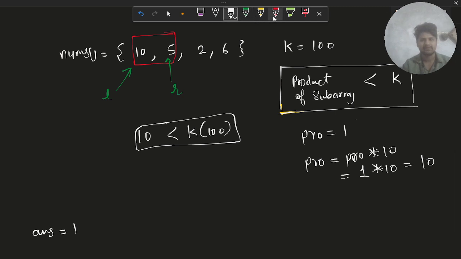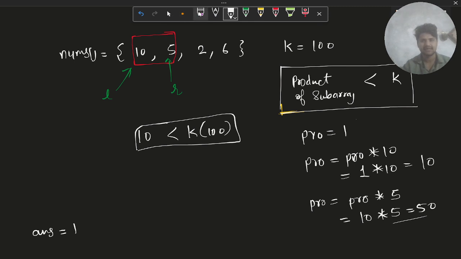If you do the product now for this current window, it would be the previous product times the new element added, that is 5. The previous product is 10, and 10 times 5 gives you 50.